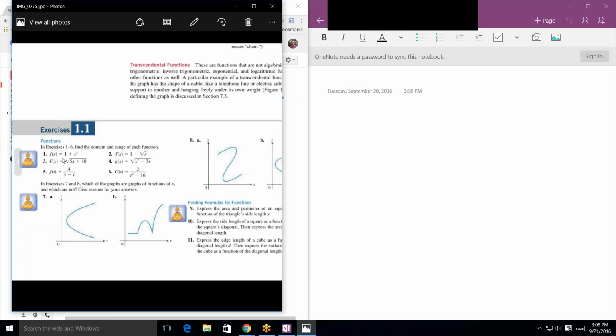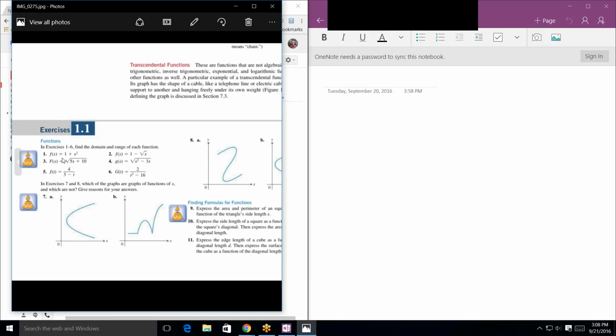First of all, what does domain mean? Everything on the x-axis. Basically, what values can x be? Well, in number 1, are there any restrictions to x? No, it's from negative infinity. Yeah, so it's all real numbers.